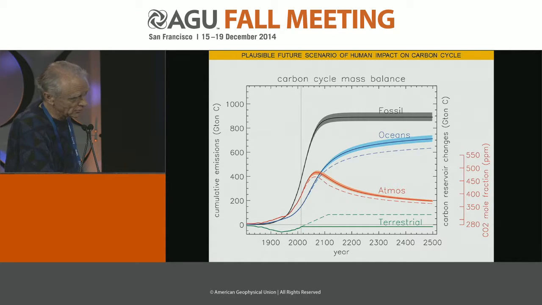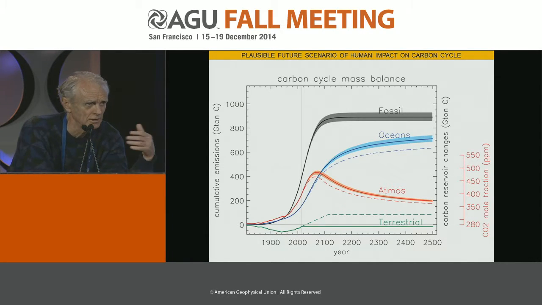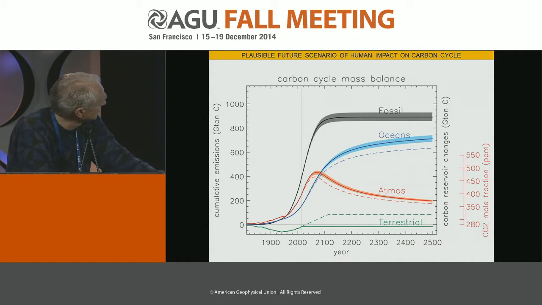Well, that benefit will distribute itself between the atmosphere and the oceans in the same proportion as the emissions will be distributed in the long run.